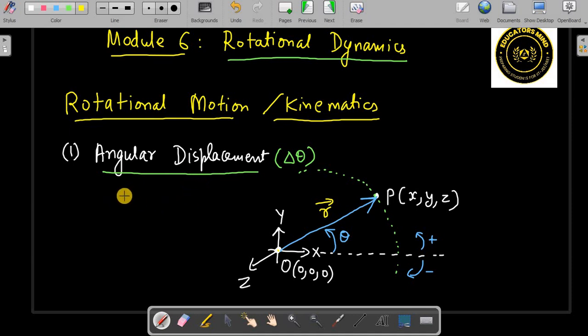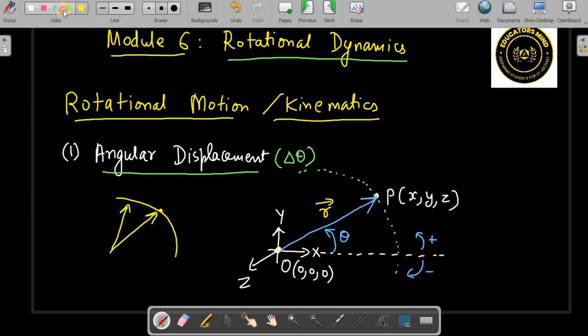The angular position theta is defined with respect to the x-axis: how much angle the radius vector is making with respect to the positive x-axis. Now angular displacement: suppose this particle, considering circular motion, goes from here to here.